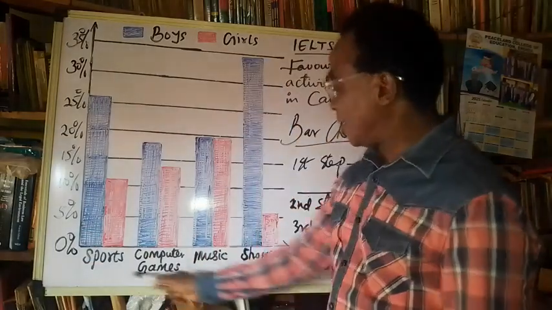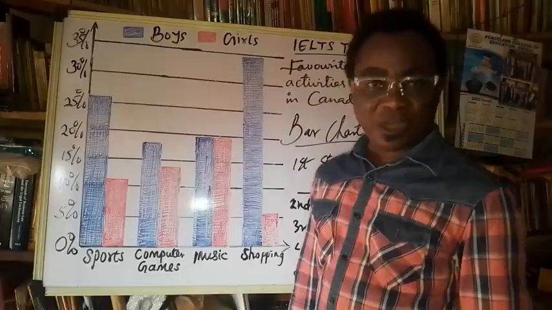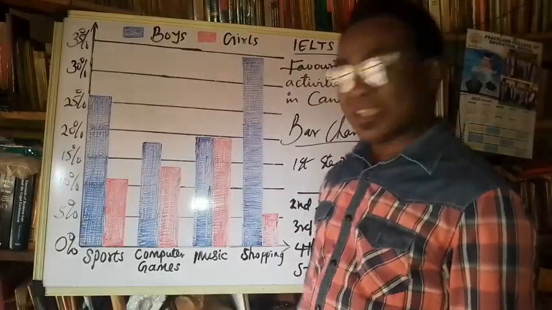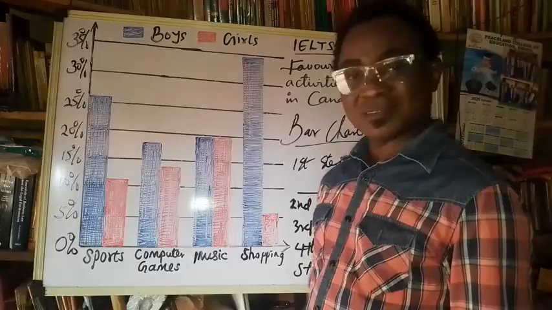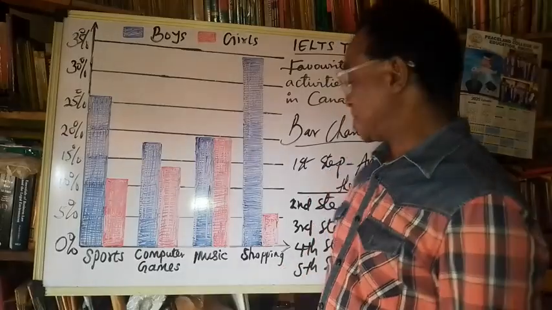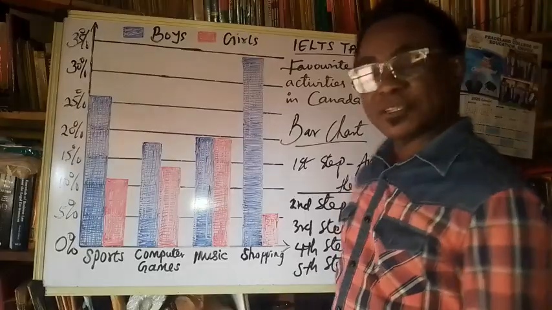And there are 4 leisure activities involved, as the bars here represent: sports, computer games, music, and shopping.